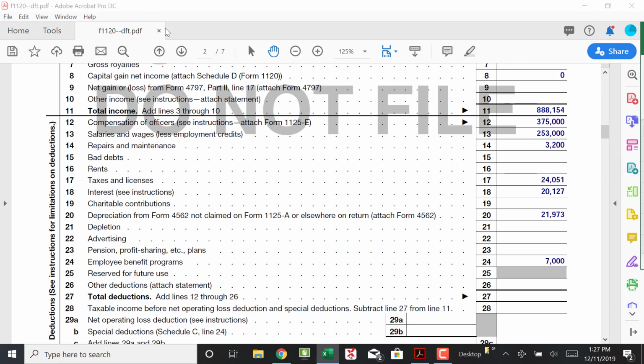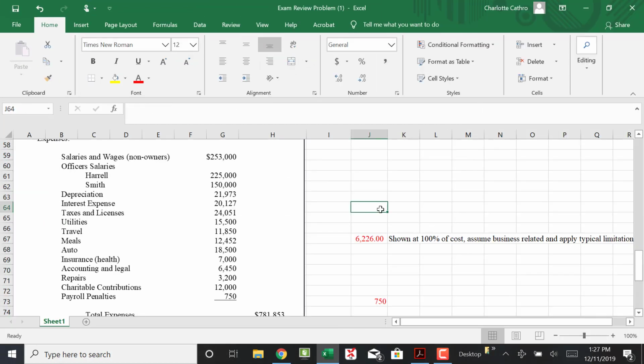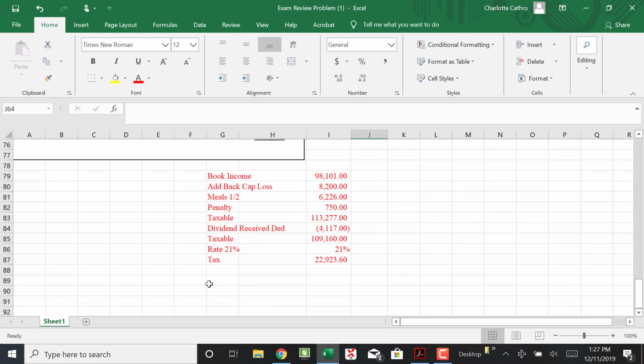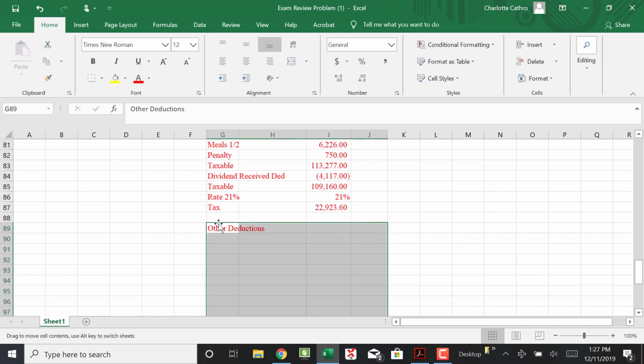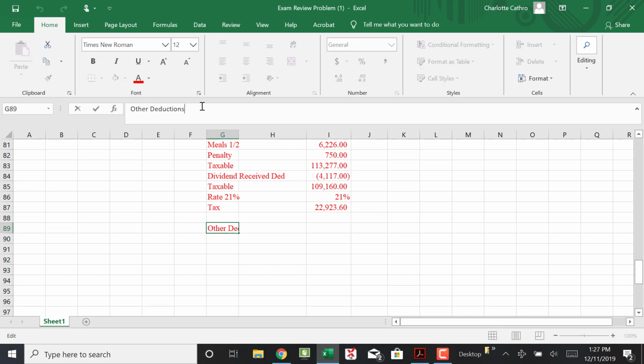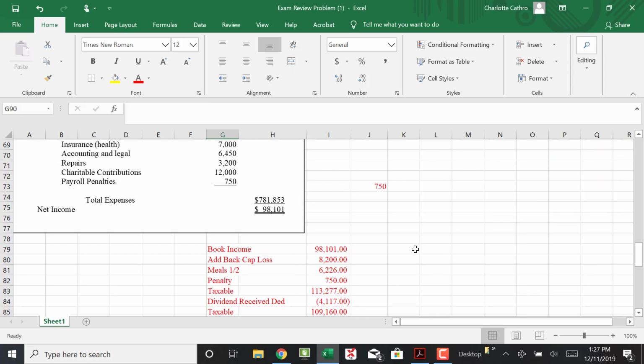So then we're going to go back here and add up what didn't we use. So in terms of what we did not use, we can put a total here, other deductions. And we'll do a little schedule of what goes on the other deduction line. You would put an attachment, a schedule attached to the tax return that listed those out for the IRS.